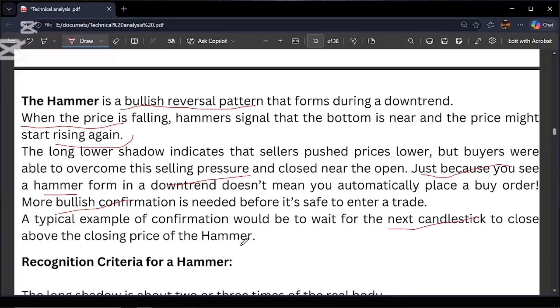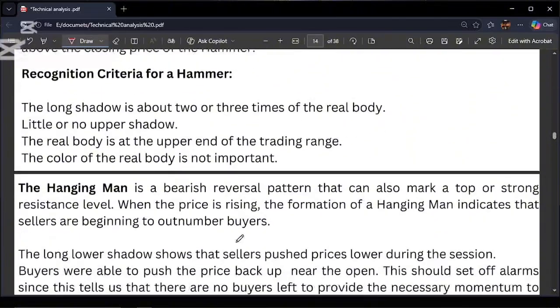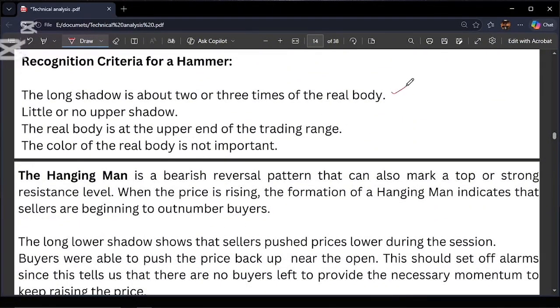So how do we recognize a valid hammer? These are the criteria. One, the long shadow or wick is about 2 to 3 times the real body. So if you see the body and the wick is long enough for the body to fit more than 2 times, then that's a valid hammer.